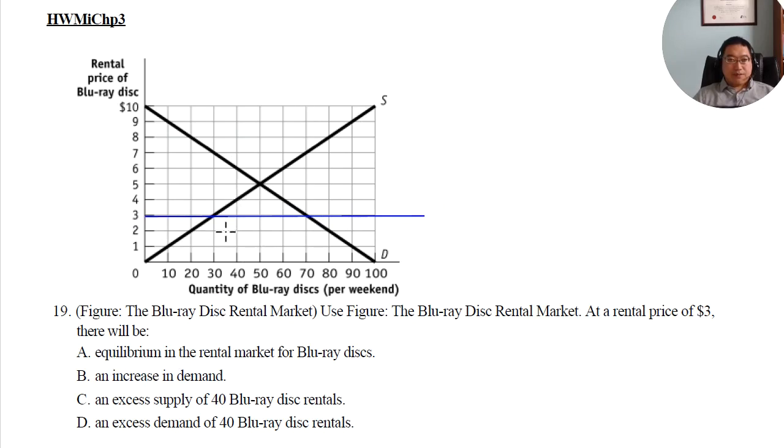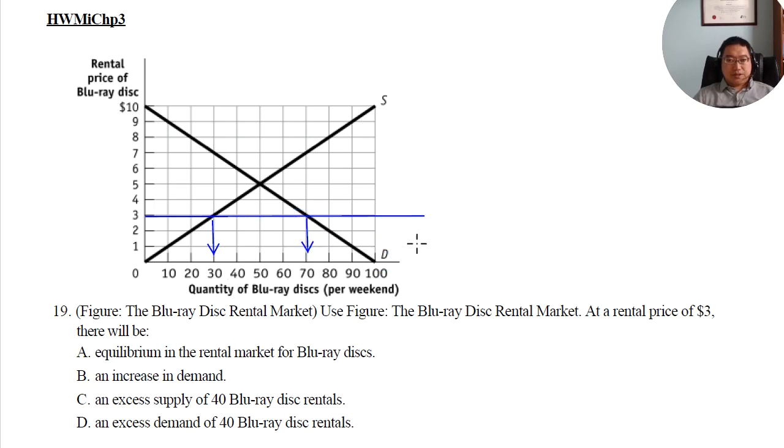We have a quantity demanded. It can only allow me to do this kind of thing, so I will move it. Quantity demanded. No, this is quantity supplied. Quantity supplied at the $3 rental price is 30 units, and then the quantity demanded at $3 is what? 70 units.